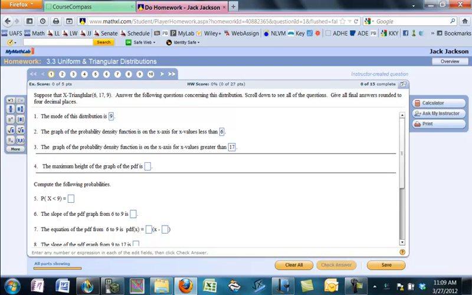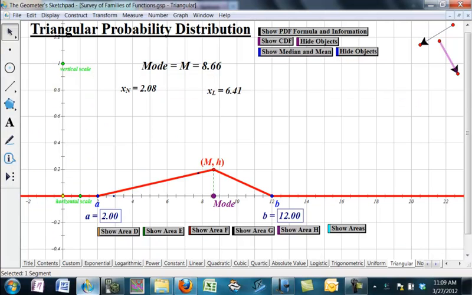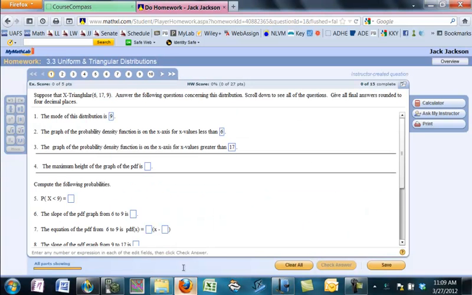And then what does the graph look like? Well, it's made up of pieces that are triangular shaped, so linear pieces. This is going to make us a triangle in the middle. So this is 6, 17, 9.